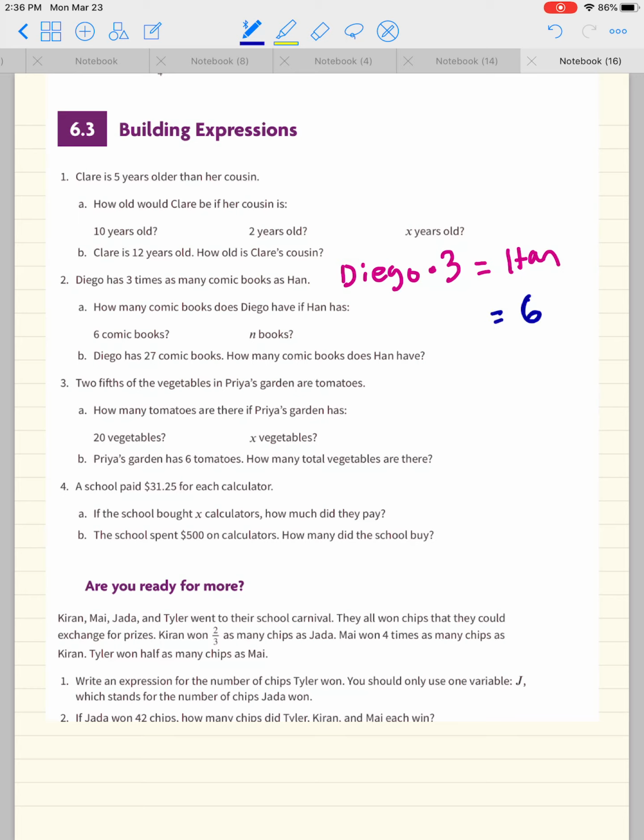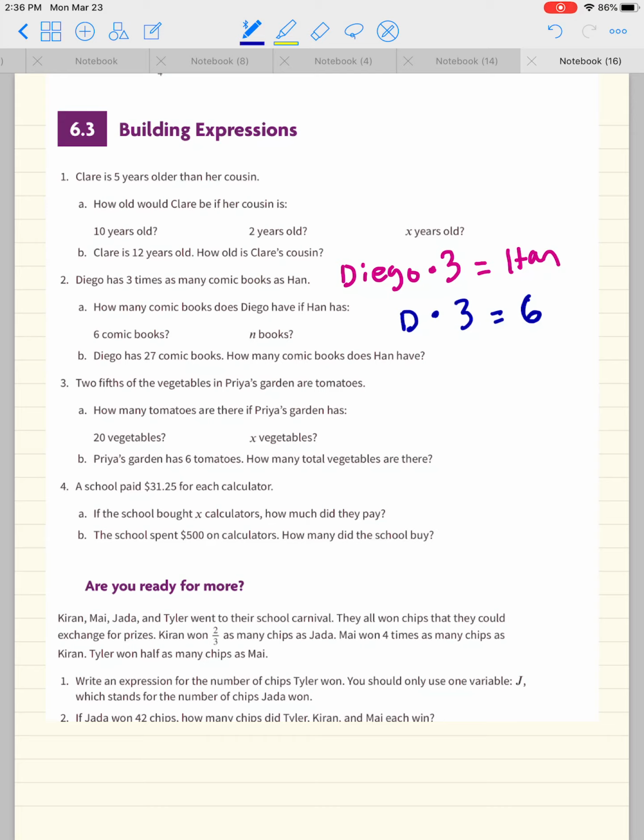So Han has 6 comic books. Okay? We know that D times 3 is equal to 6. So this is just like the last problem, and you're going to have to figure out what times 3 is equal to 6.